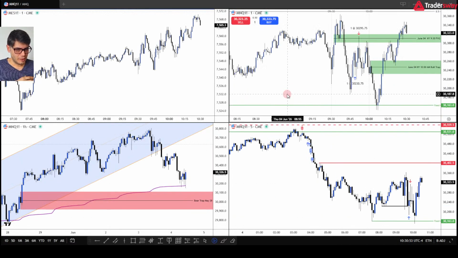So it's the same scenario every time. Now the price is way too high. I'm not going to join in a sell position because it's too high now.